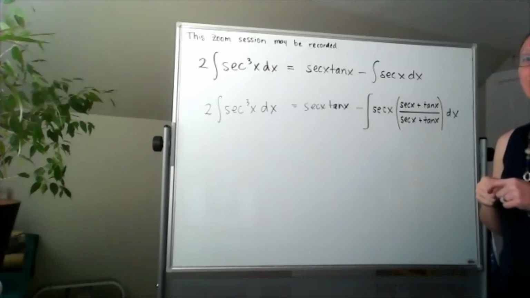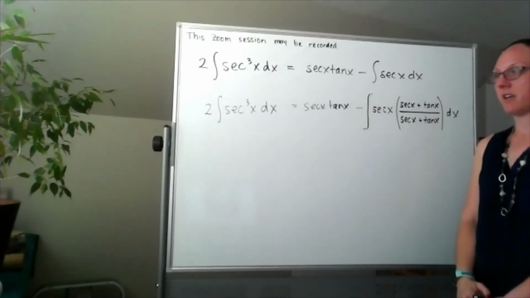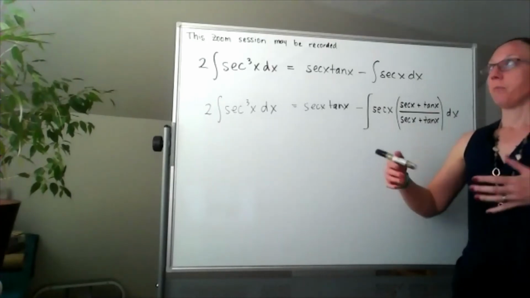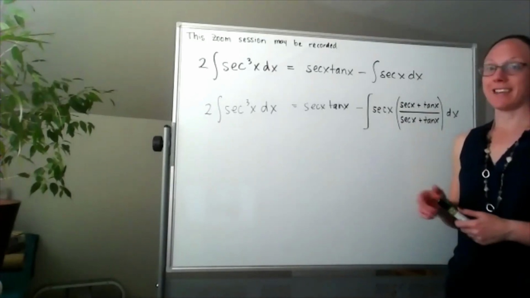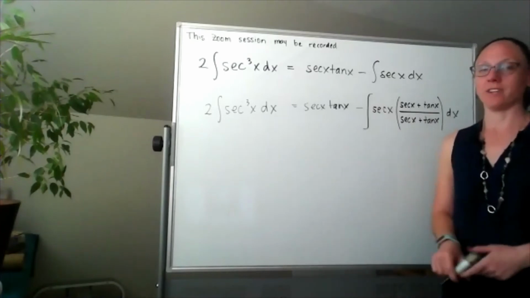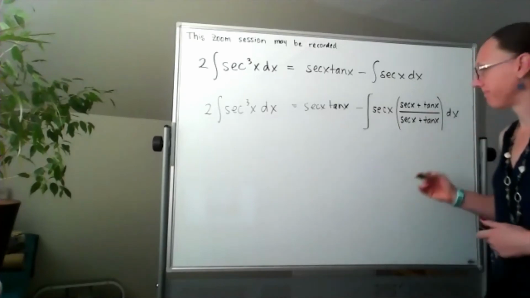So we're going to multiply the top and the bottom by secant of x plus tangent of x. I don't want you to worry about how you would know to do that. Every time you see a secant of x by itself, this is the way that we're going to integrate it, which is why I also think it's worth just memorizing.